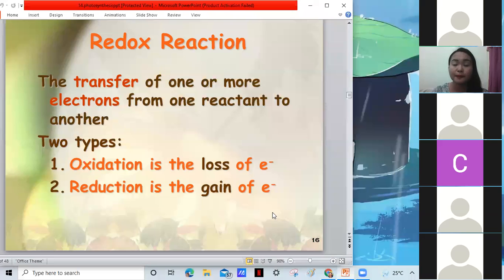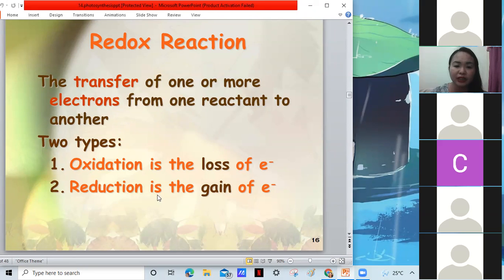Okay. Now, you have seen kanina what happens inside the leaves, the chlorophyll, the thylakoid. So all the processes that are happening in photosystem 1 and 2 are governed by the reduction-oxidation reaction. So what is reduction?